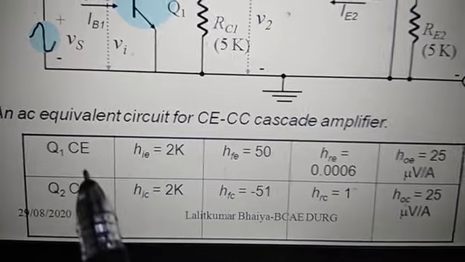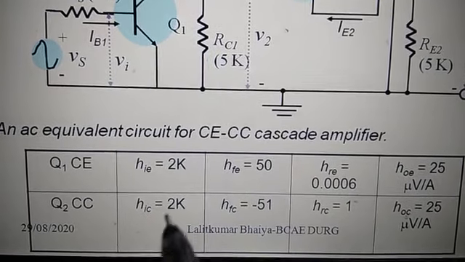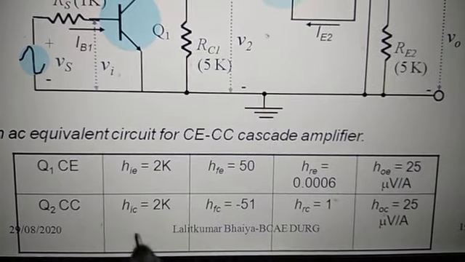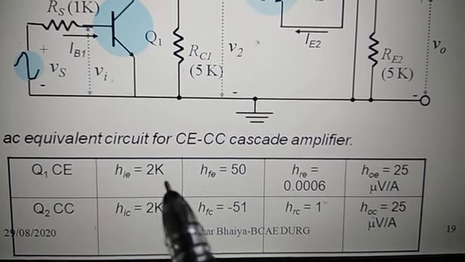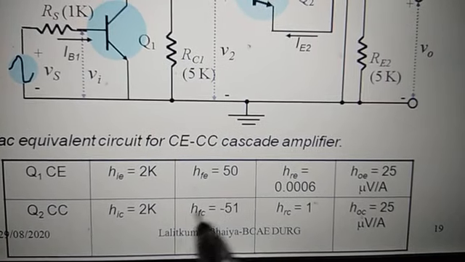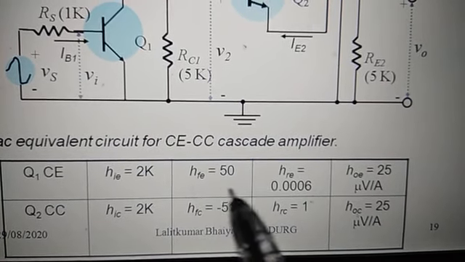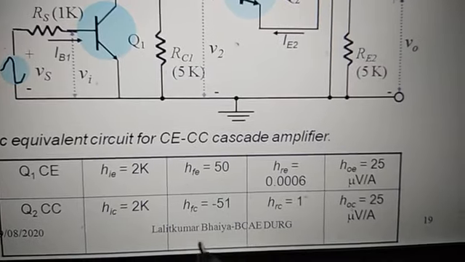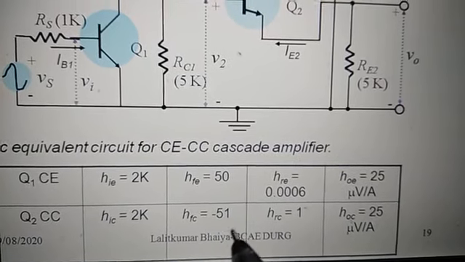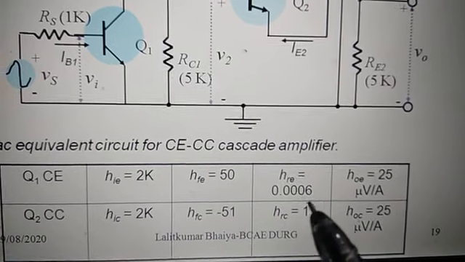For common emitter transistor 1, HIE is equal to 2K. For transistor 2, HIC is equal to 2K. HIE means input impedance of common emitter. HIC means input impedance of common collector. HFE is the forward current gain of common emitter, 50. HFC means forward current gain of common collector, that is minus 51.